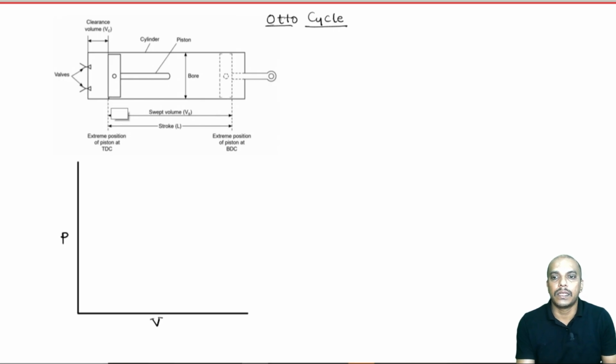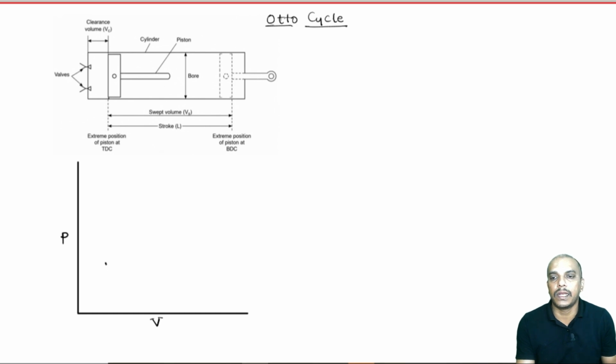So, the clearance volume is here. So, the piston is starting from here during the suction stroke. Now, what happens during the suction stroke? During the suction stroke, the piston moves from top dead center to bottom dead center. So, the piston is moving from here to here.